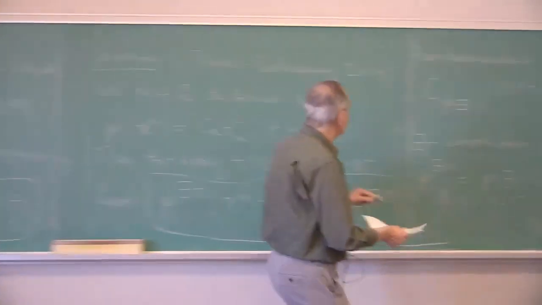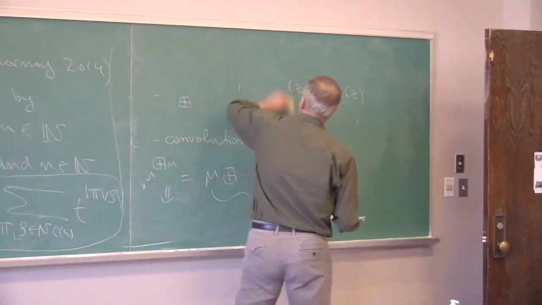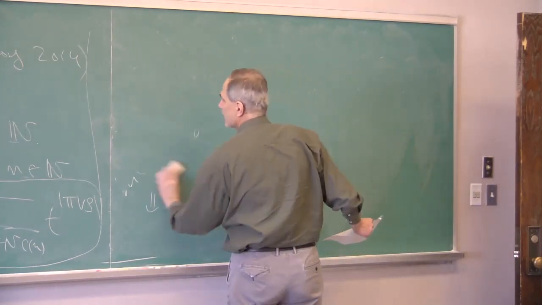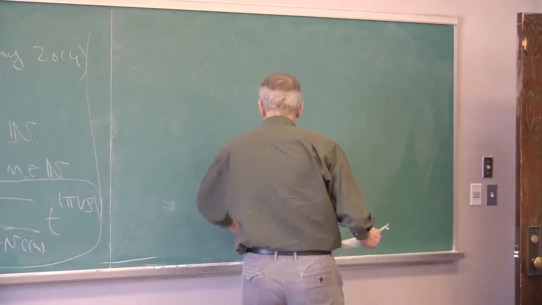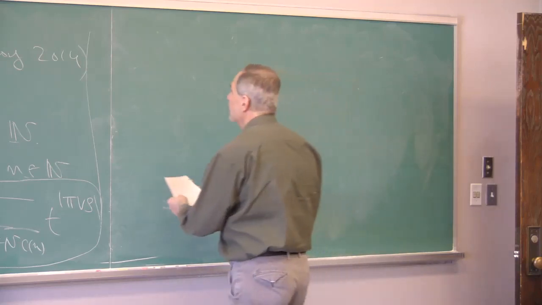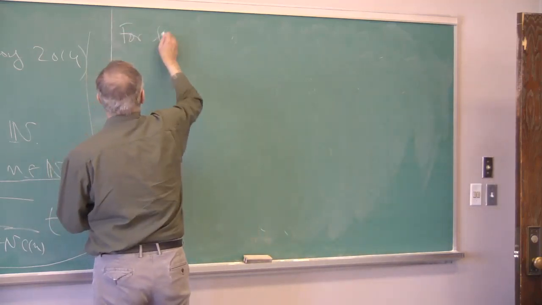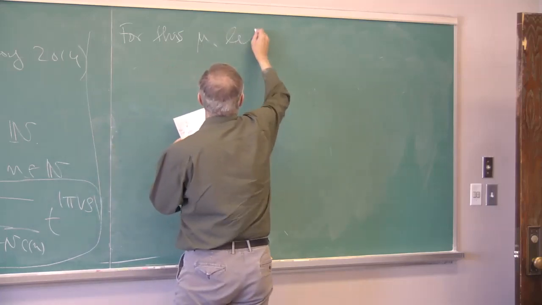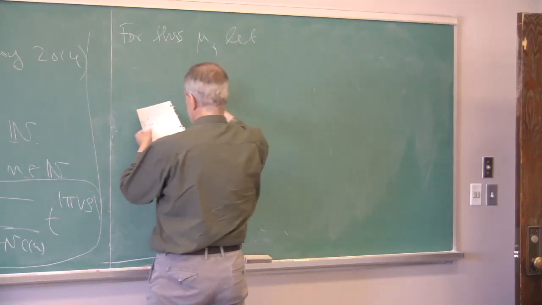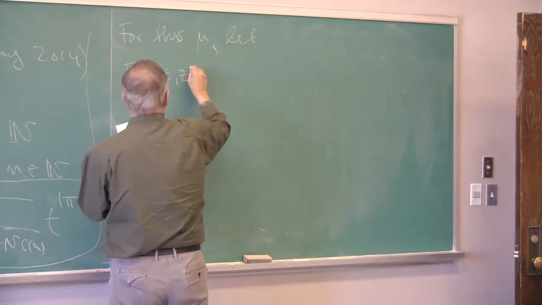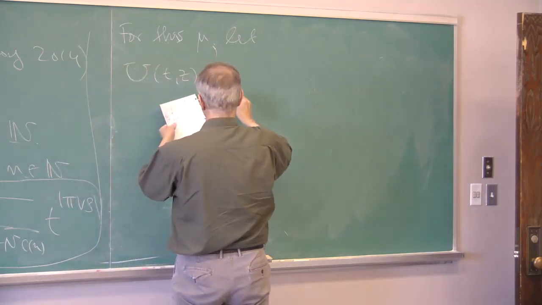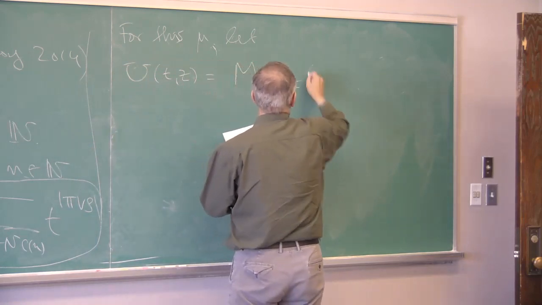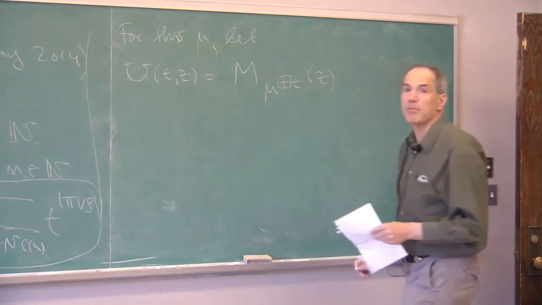So then I immediately observe that I can use this as an instrument towards working with my random variable, capital Z, because I can consider a series of two variables. Let's make capital U of t and z to be the generating function. In short, it is the moment series of mu to the box plus t.